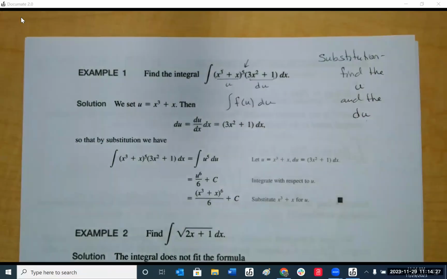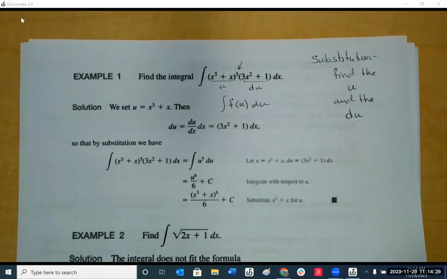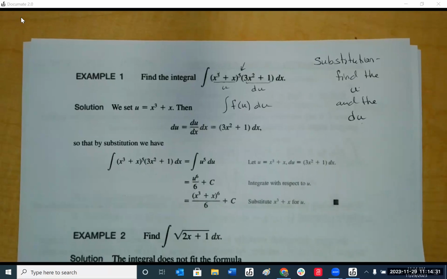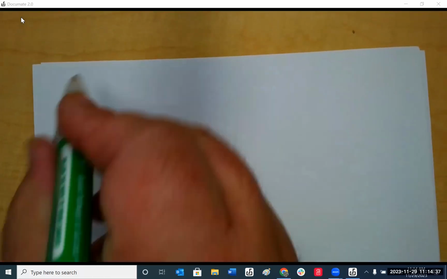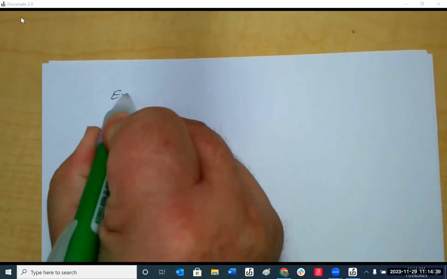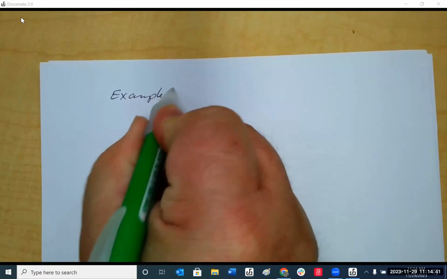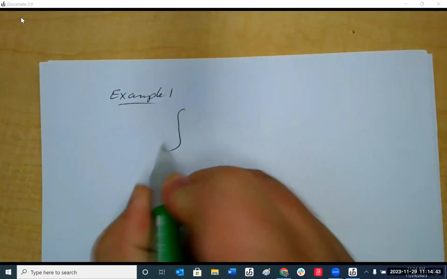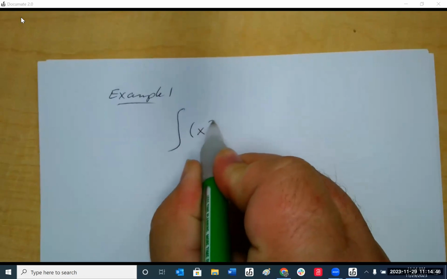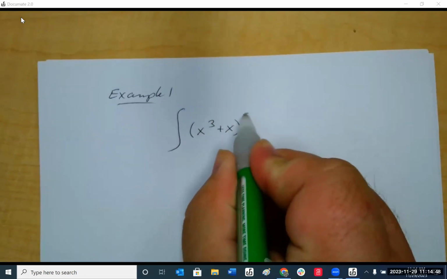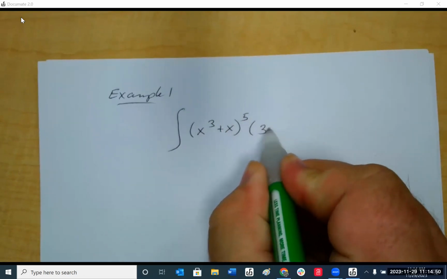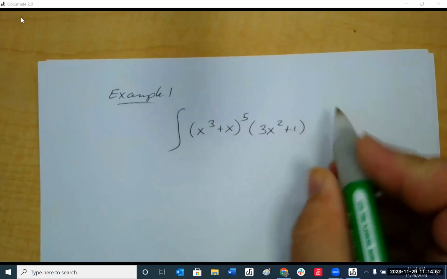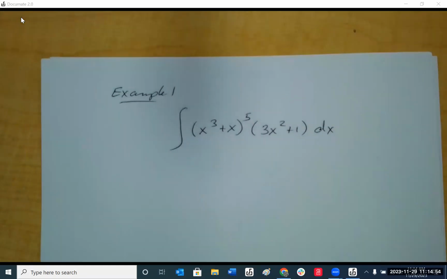The reason this method is easier: we have the integral of x cubed plus x to the fifth, 3x squared plus 1 dx.